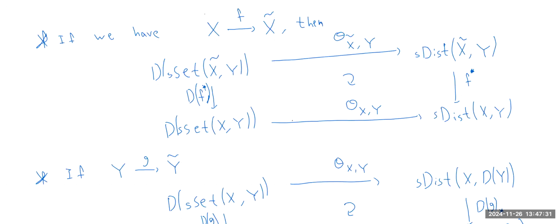We will use the second situation later, but let us focus on this situation, when we change the x. We focus on the naturality of x, the naturality on the x variable, on this kind of naturality.